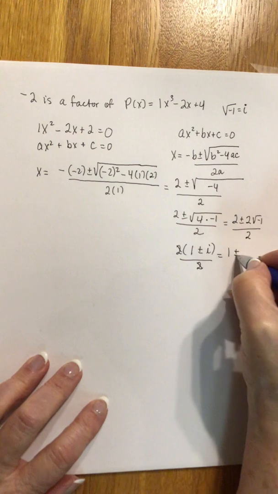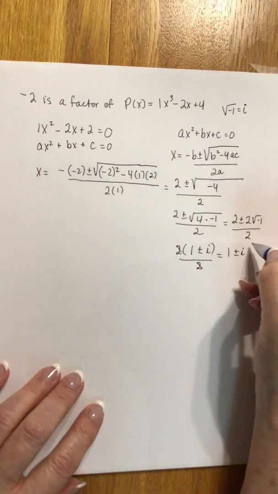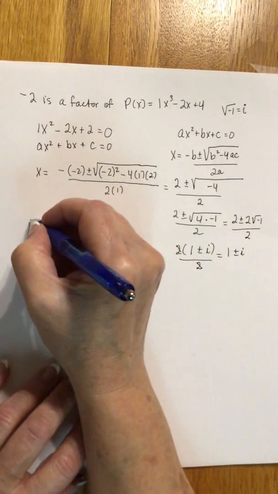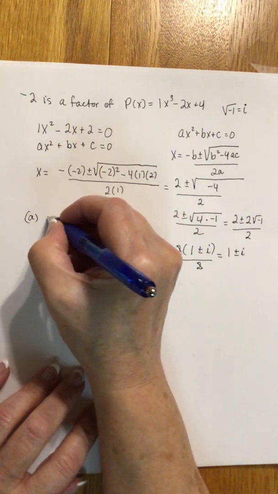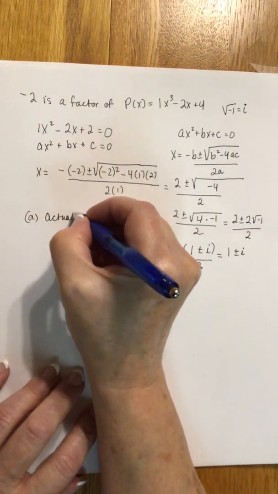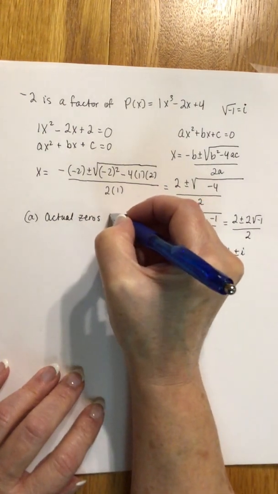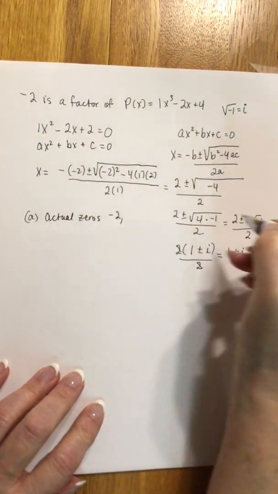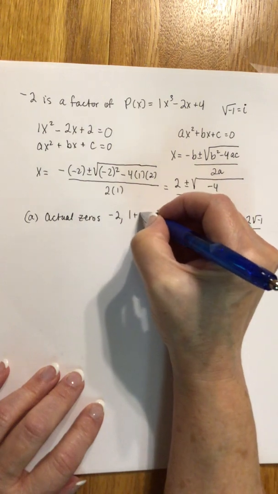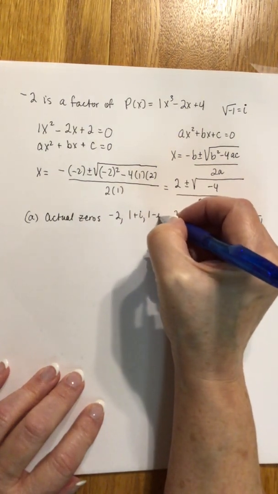So I have 1 plus and minus i for my other 2 factors. So my actual zeros that I needed to find were negative 2 from the previous page, 1 plus i, 1 minus i.